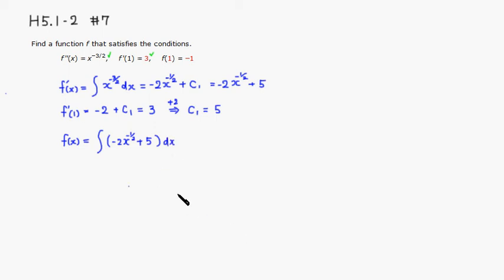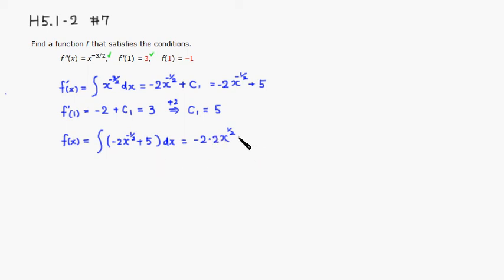Negative 2 is just a constant, so put that in front. For the antiderivative, add 1 to the power: 1 plus negative 1/2 is positive 1/2, so x to the 1/2, divided by 1/2, which is the same as multiplying by 2.